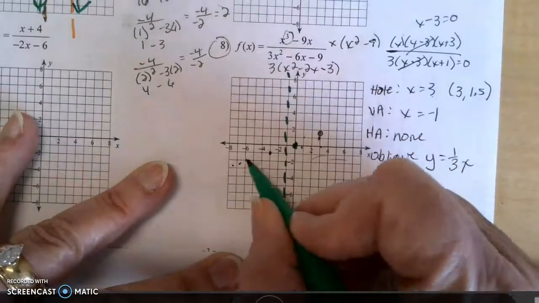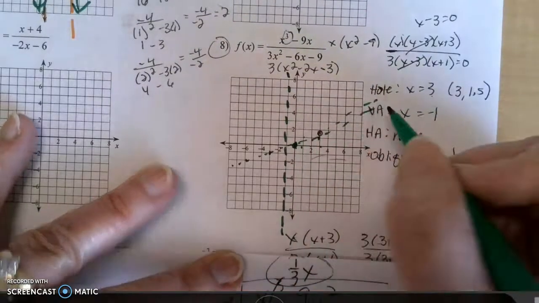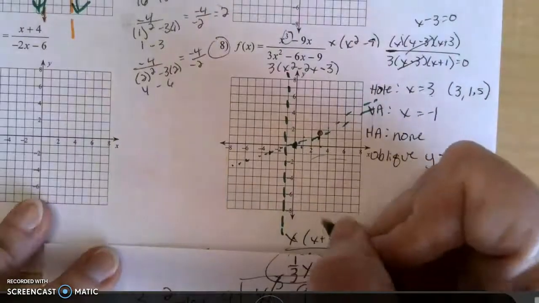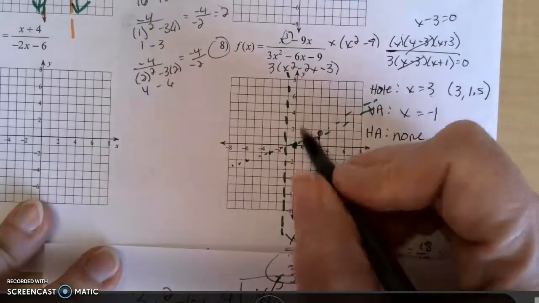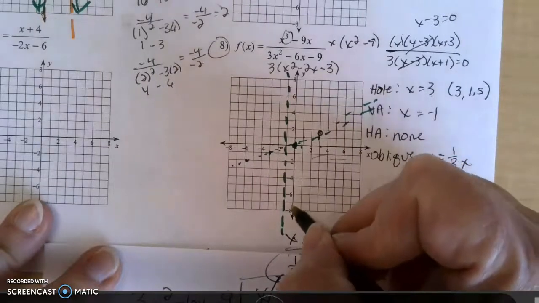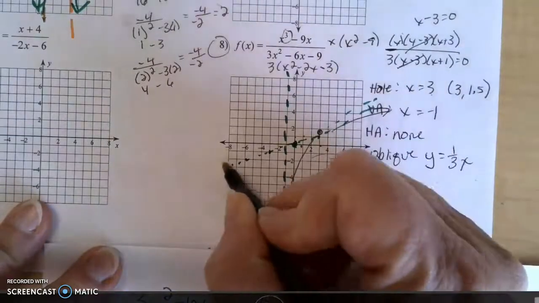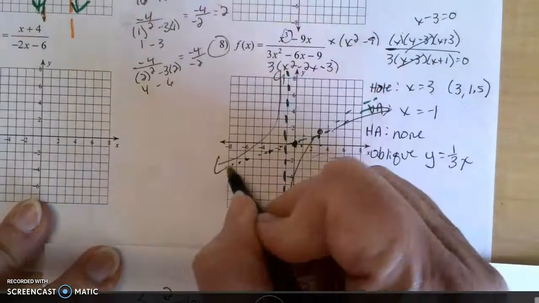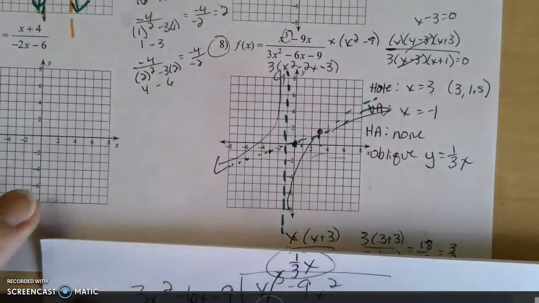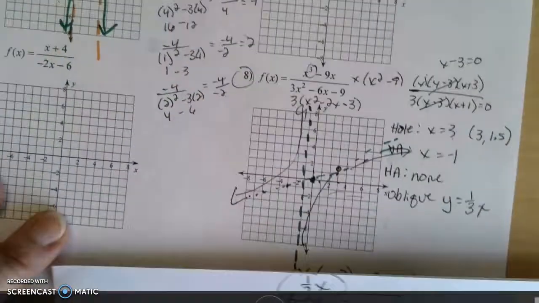So it's somewhere around there. Okay. Now I'm going to sketch. Okay, and obliques are just guides to give us the width.